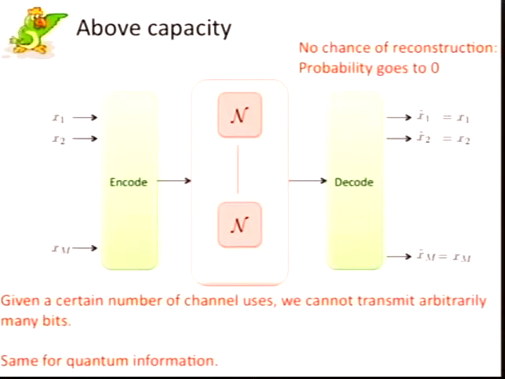So I guess the point I want to make here is that given only a certain number of noisy storage bits, we cannot send arbitrarily many bits. I guess that's intuitive. And in fact, the important thing is that not only can we not send in arbitrarily many bits, our chance of really getting out exactly what we put in is negligible.